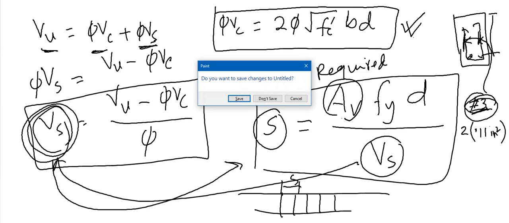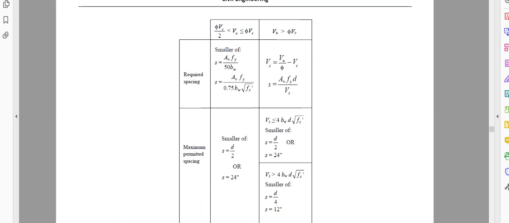Now you know that there is a code requirement to provide the minimum amount of reinforcement. We cannot provide less than minimum. So to account for that, I listed here a table. This table is not in your book. I got it from your FE reference handbook, page number 277, and the version of the book is the 10th version.